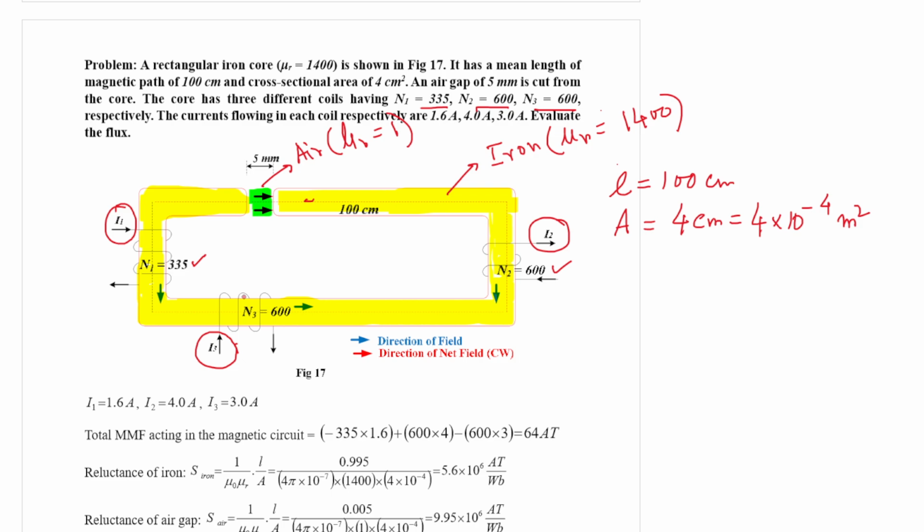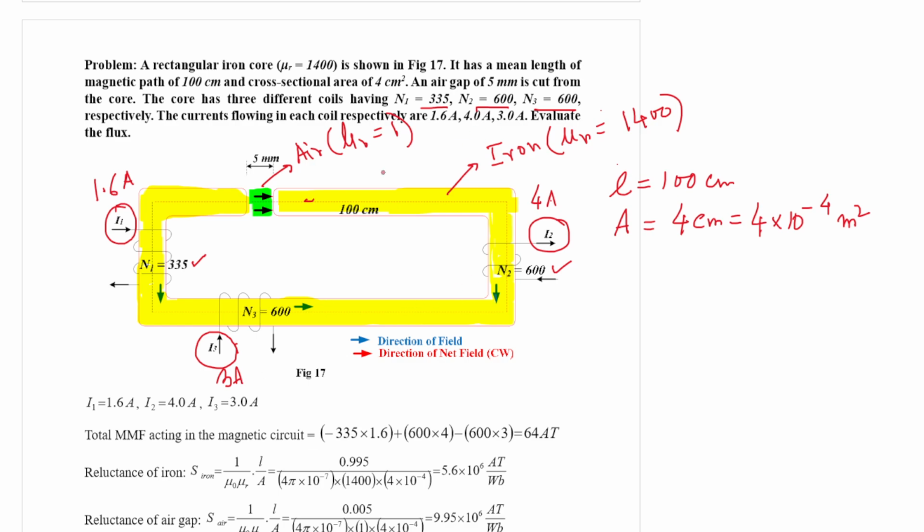So we have 3 coils on the same iron material. The current flowing in each coil is I1 is 1.6 ampere, I2 is 4 ampere, and I3 is 3 ampere.